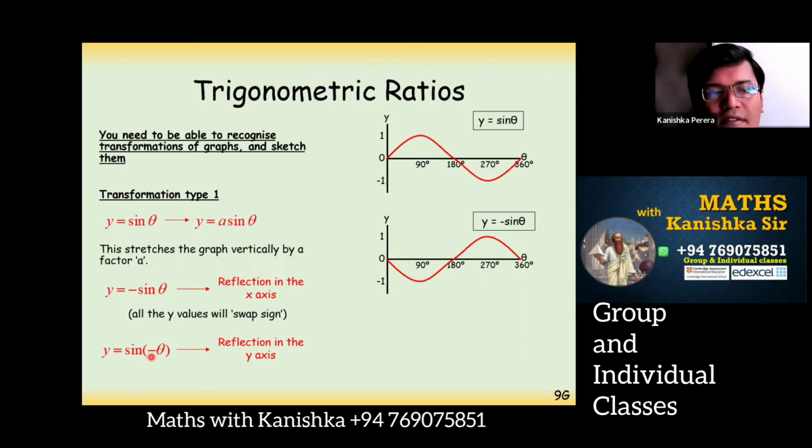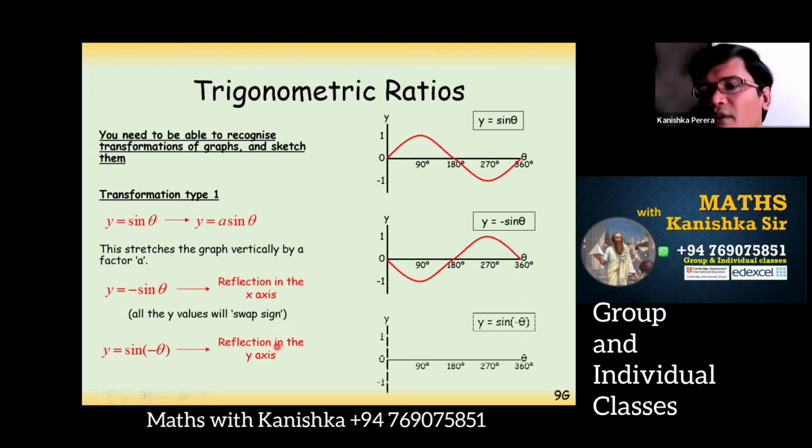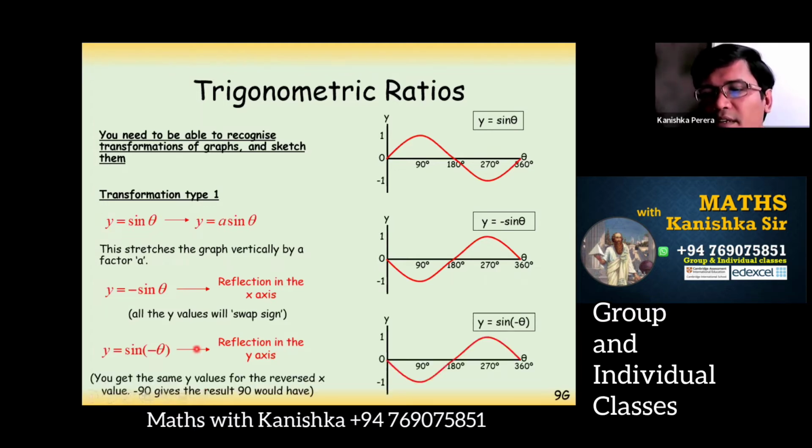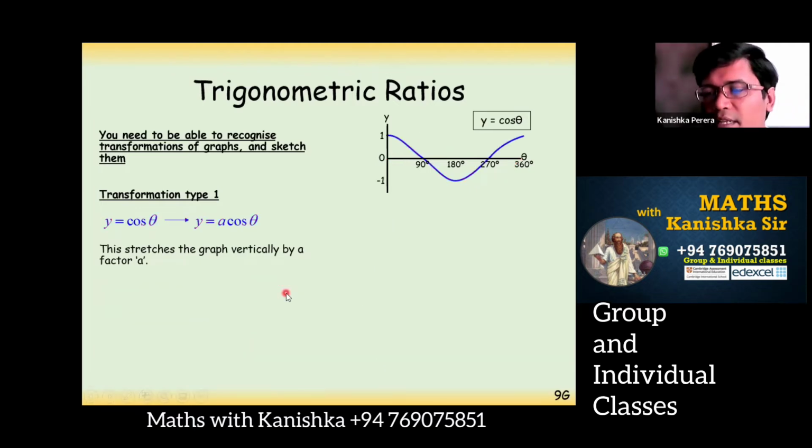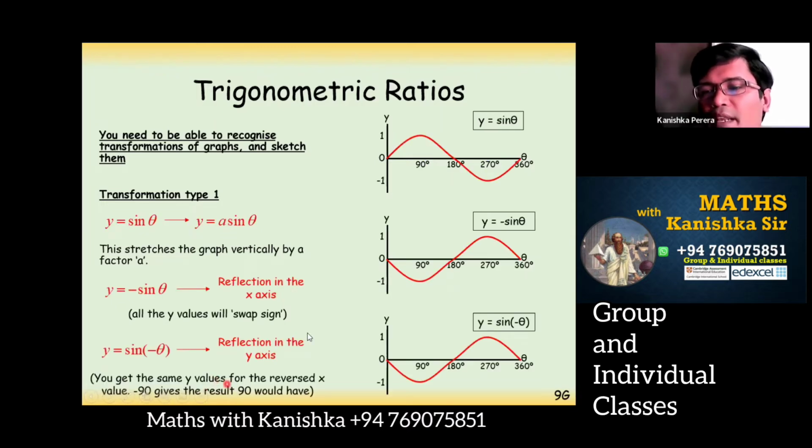Further, if you are doing this theoretically, we can draw a number of sketches, and that's how we can come. But here it is not like that. Keep remember, and how it's going to happen now, we can figure it out. You can see for the reverse value, you are getting the same y values for the reverse. 90 degree gives the 90 would be half.